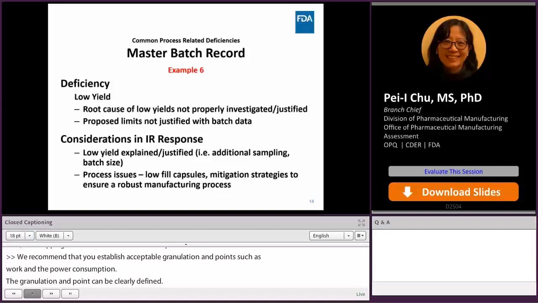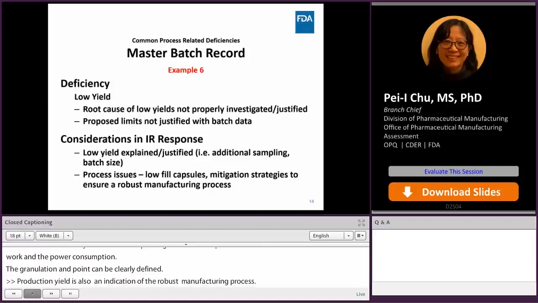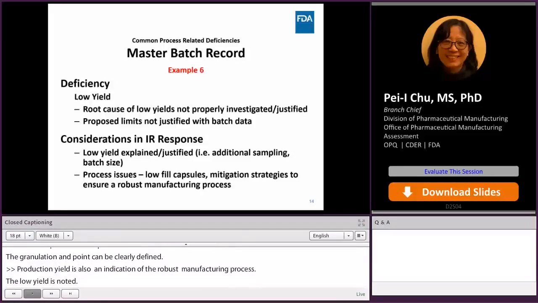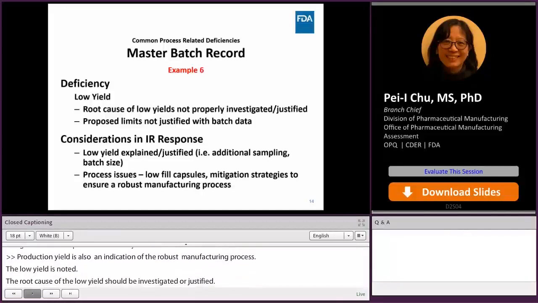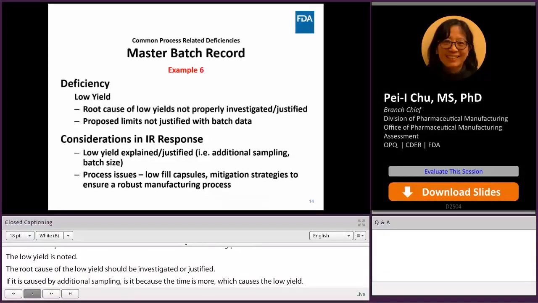If a low yield is noted, the root cause of the low yield should be properly investigated or justified. For example, is it caused by additional sampling, or is it because the batch size is small, which caused the low yield? If process issues are identified, then the mitigation strategies to ensure a robust manufacturing process should be provided in the application.